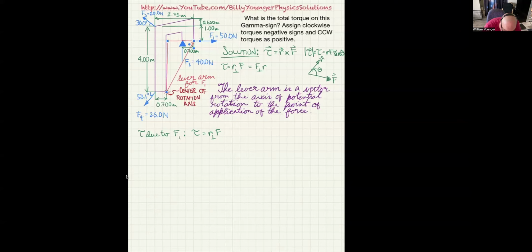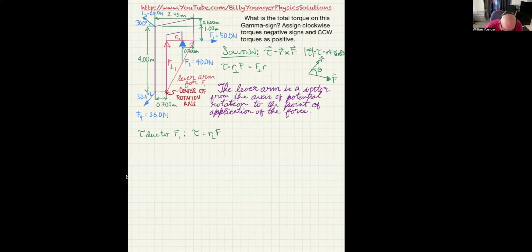So this vector right here is R perp, and this vector right here would be R parallel. And again, that means R parallel to F1, and R perpendicular to F1. It might even help to put a 1 as a subscript on it as well. But either way, now we're going to go ahead and calculate that.